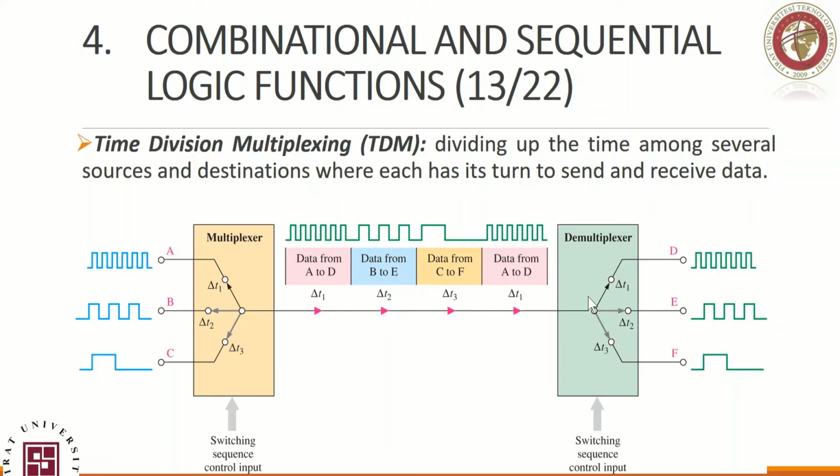We redistribute them based on their timing, delta t1, delta t2, delta t3. How it is done, you don't have to think about it now, just understand that there is something we call multiplexing and demultiplexing: taking from different sources onto one line, and redistributing from one line to different outputs based on certain timing. Okay.